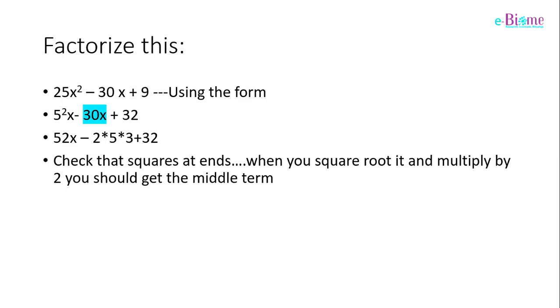And so when we do that to the first coefficient and the constant, then the A becomes the 5 and the B becomes the 3.